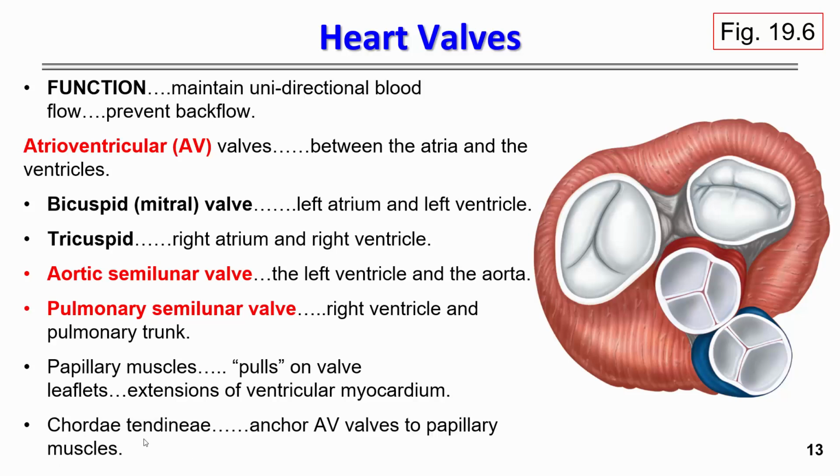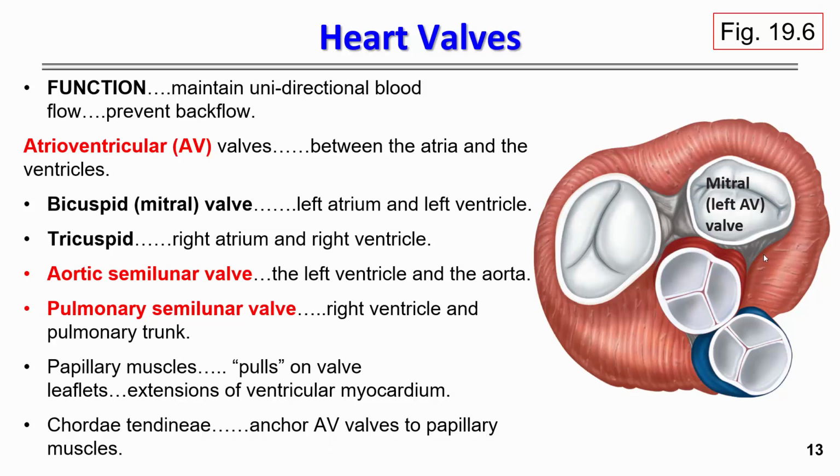The chordae tendineae are the connective tissue tendons, if you will, that connect the papillary muscles to the valves, particularly the atrioventricular valves, or simply summarized as the AV valves.